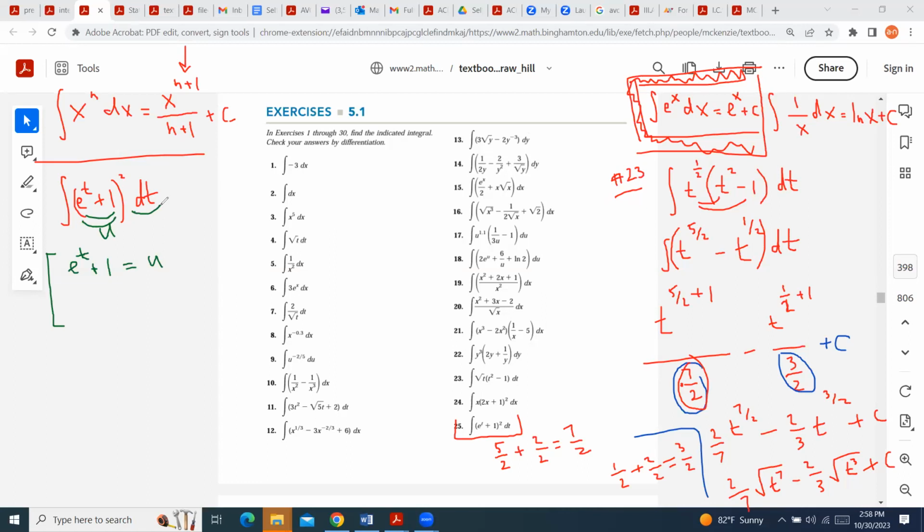And the way to replace dt: that's a function u of t, then you take derivatives on both sides, so you get du over dt. That's another way to write the derivative. I used to write it as u prime, but now I want to call it du over dt, and take the derivative of e to the power of t plus 1, which is the same exact thing.